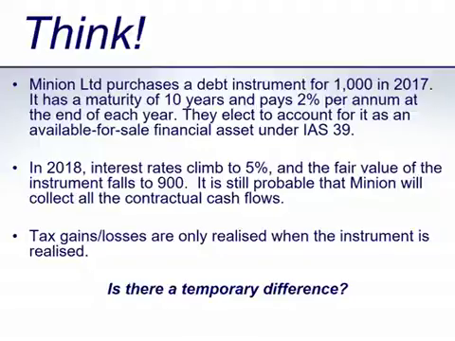Remember, the tax base of the asset is the amount of future deductions that are available to the entity when it recovers the carrying amount of the asset. If the entity collects $1,000, which is what they're expecting to do, what would the tax authorities allow as a deduction against the $1,000 that's been collected?